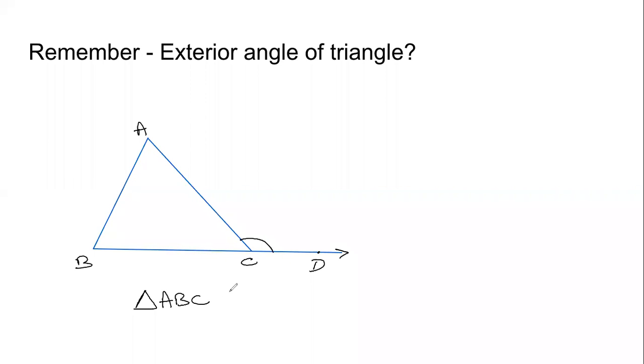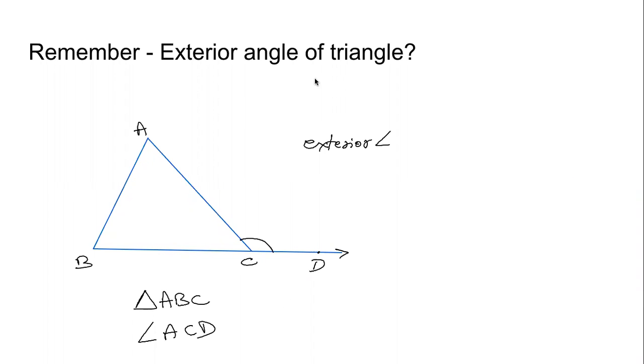Correct. Again, Prachi and Karina, the angle is angle ACD. Now, because this angle is outside the triangle, this type of angle is called an exterior angle of the triangle.